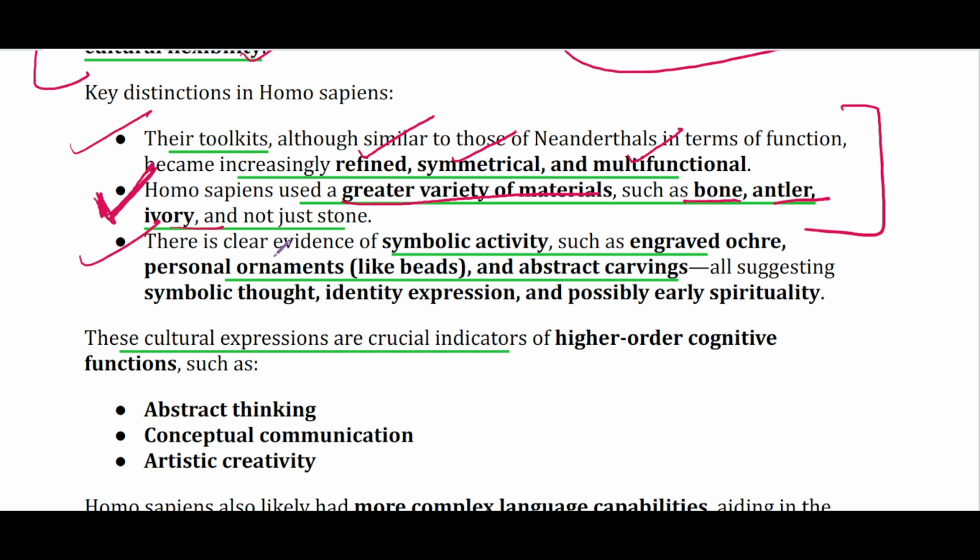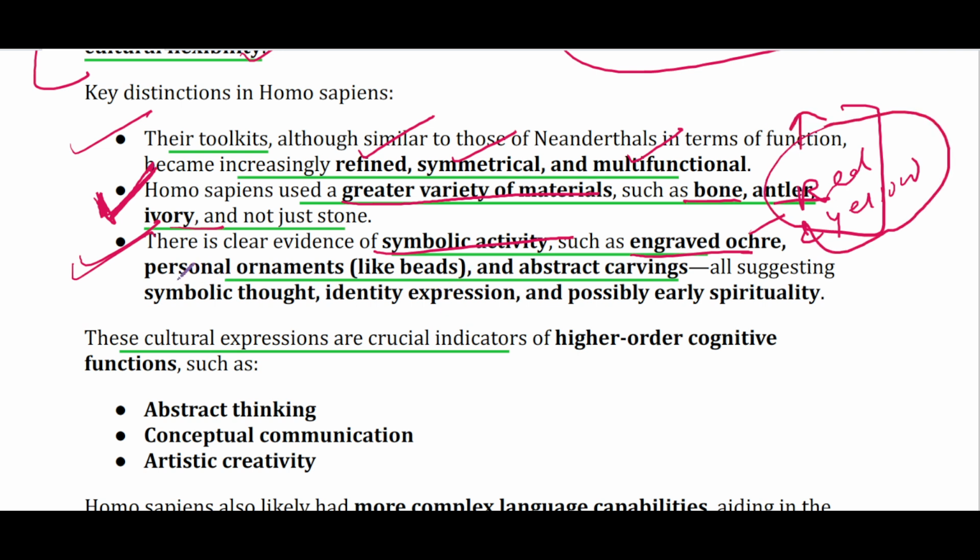And there is clear evidence that the Homo sapiens, which evolved in Africa, had functional symbolic activity. They made use of engraved ochre. Ochre means red and yellow pigment, which suggests that they might have used it for ornamentation or some religious purposes.